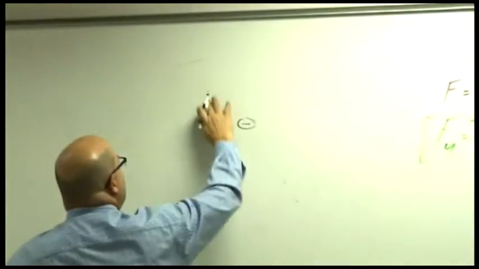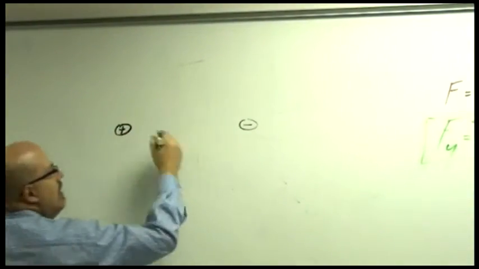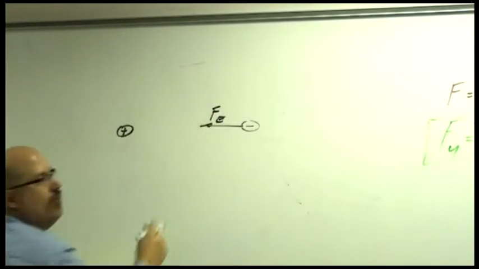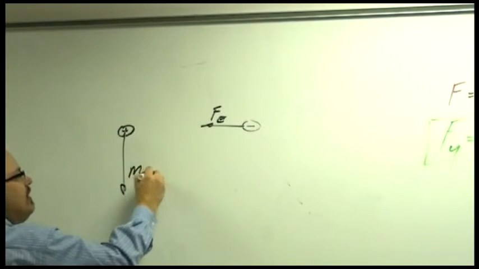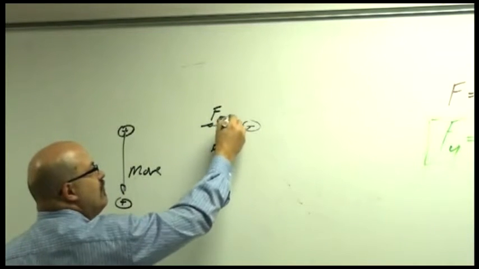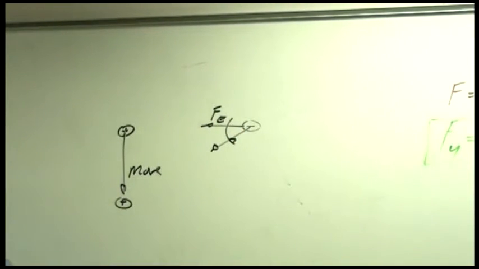If you've got a negative charge here and a positive charge here, looking at this charge, it receives an electric force this way, according to Coulomb's law. But if I move this charge from here to here, then the force will change and rotate. The question is, they're not touching.